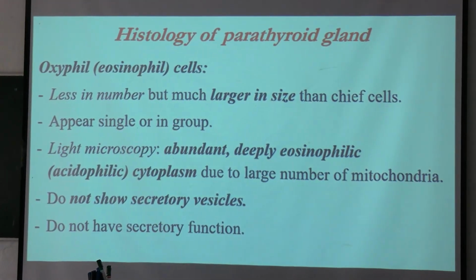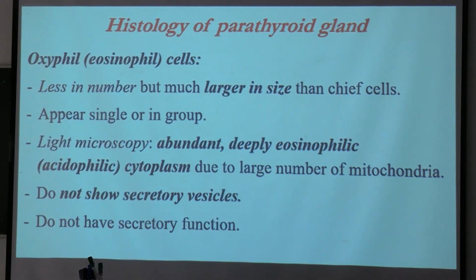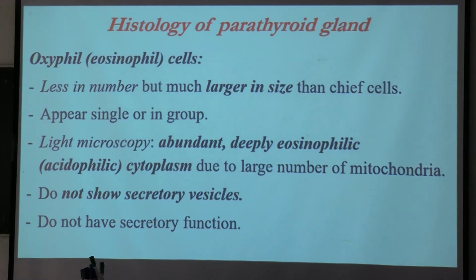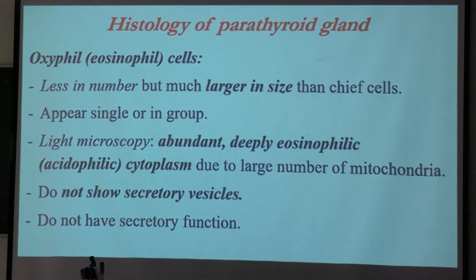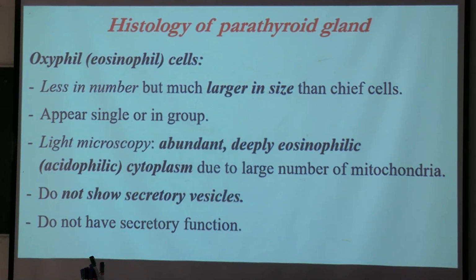Okay, so oxyphil cells, they are less in number but larger in size than the chief cells. They appear single or in group. Light microscopy shows abundant deeply eosinophilic or acidophilic cytoplasm due to the large number of mitochondria present in these cells, and they do not show any secretory vesicle and do not have any secretory function.